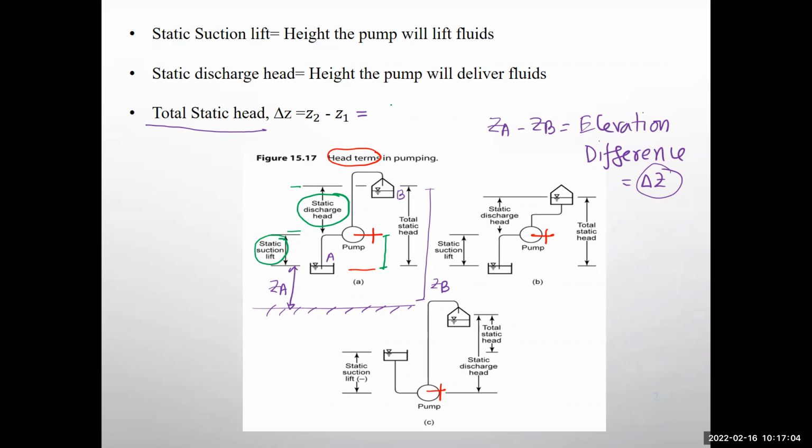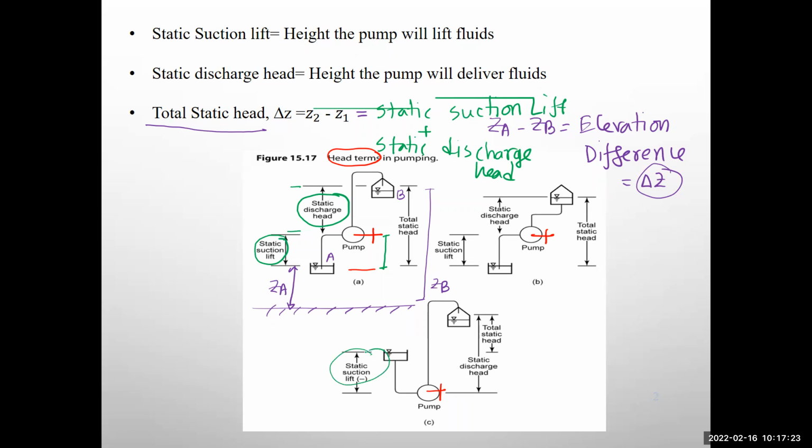Basically, it's the summation of static suction lift plus static discharge head. Okay. And you can see that static suction lift can be positive or negative. But the equation doesn't change. If it's negative, the negative sign will take care of itself. So you don't need to do anything. Okay?